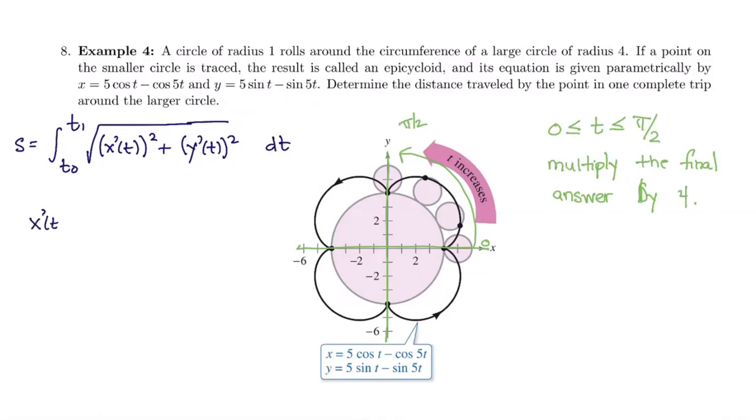I strongly encourage you, do not try to do this inside of the integral. You'll find it much easier to do the algebra outside. So if I find x prime, I will get -5 the sine of t plus 5 the cosine of 5t. So 5 the sine of 5t.